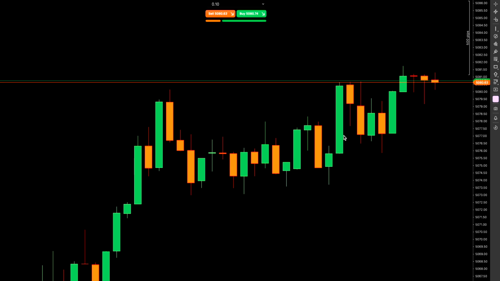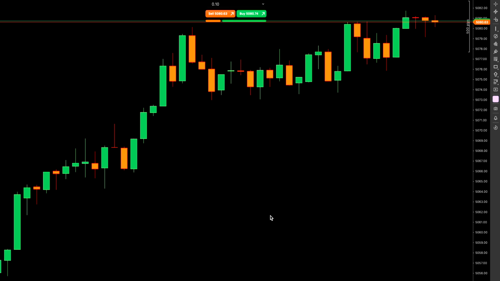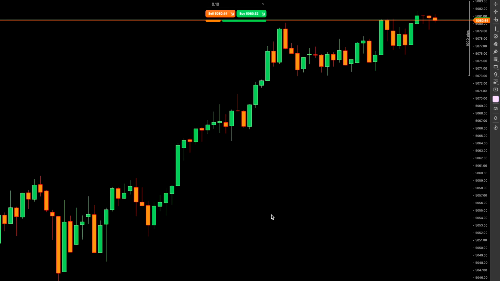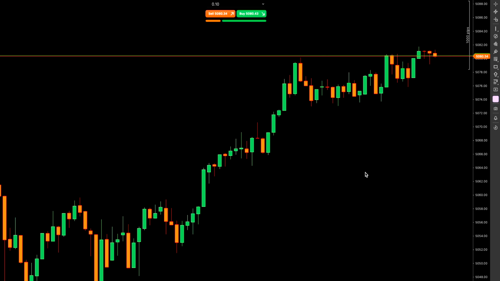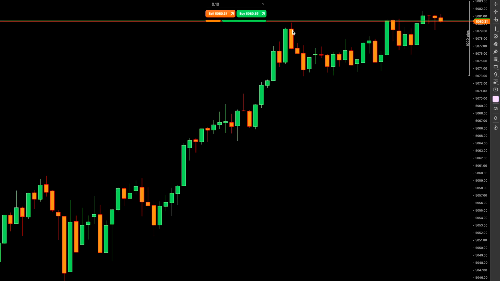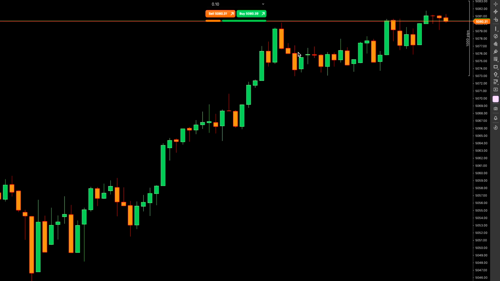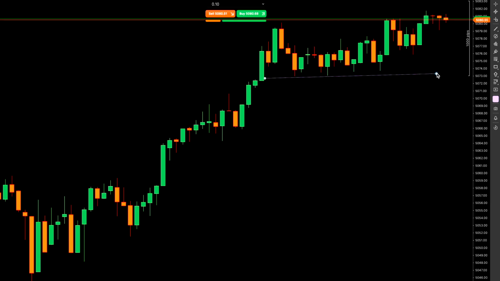Basically, the market was on an uptrend, and then all of a sudden we have a little bit of range here. You can use that to determine the next move. You can take that for instance right here.